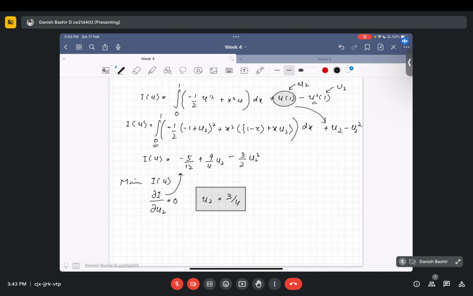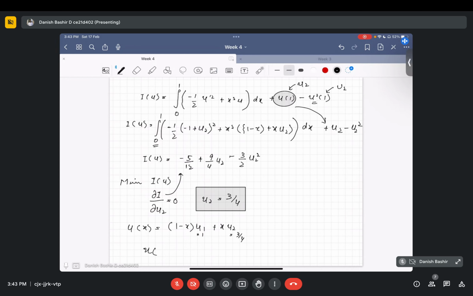So your solution becomes u of x equals 1 minus x times u1 plus x times u2. Put u1 equal to 1 and u2 equal to 3 by 4.